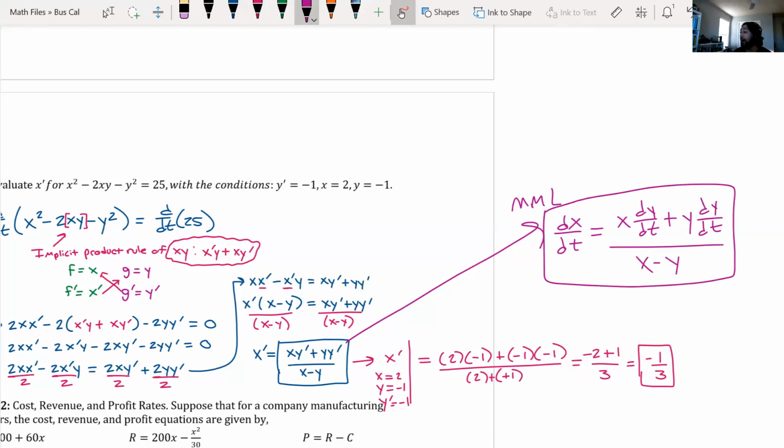So that's a possible way to input it if it wants it like that, which I think just looks a lot messier. But just know the difference between the notations.